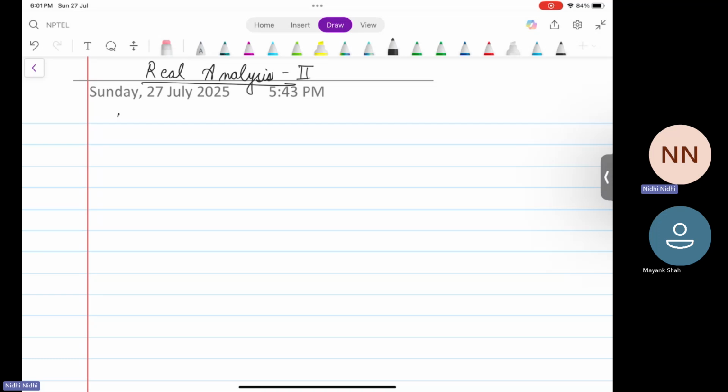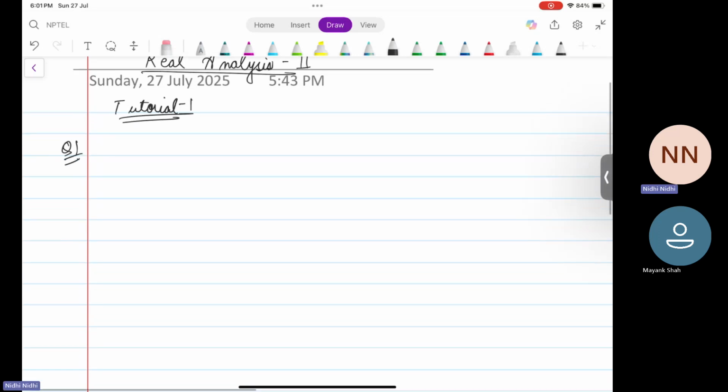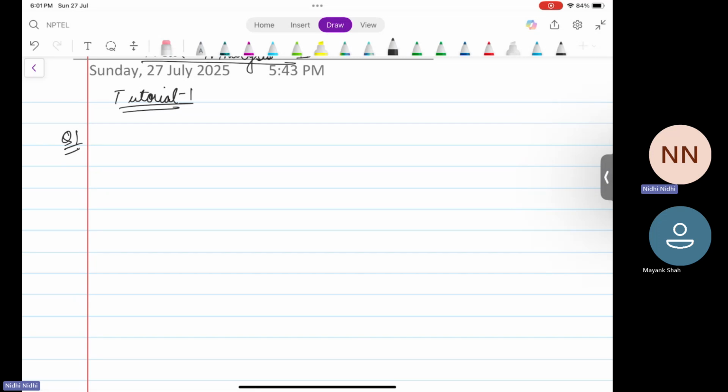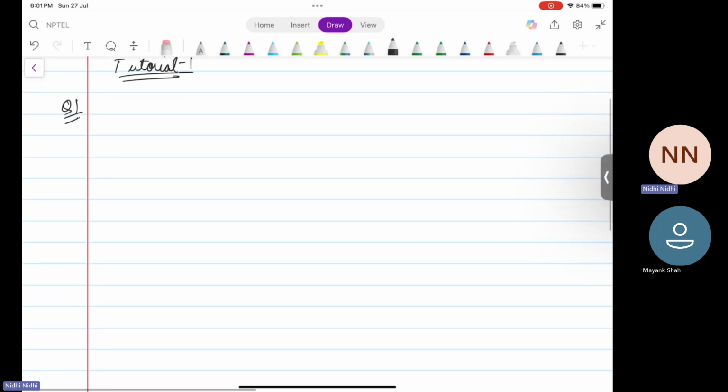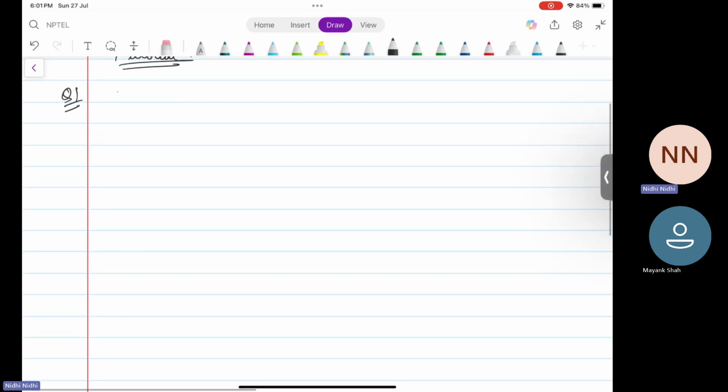So this is tutorial one, question number one. Let's do one problem on metric space. We'll be proving that this is a metric space. Let X be the space R2.